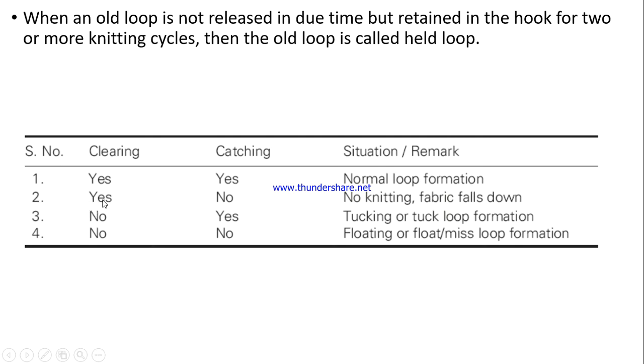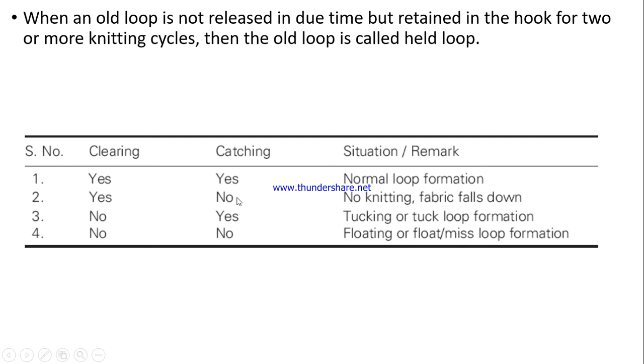In the second case, when clearing has been done, meaning the old loop which was held by the hook of the needle has been cleared out of the latch, but no catching of the new thread has been done, feeding has not been done. So in that case, the needle does not have any thread inside its hook.